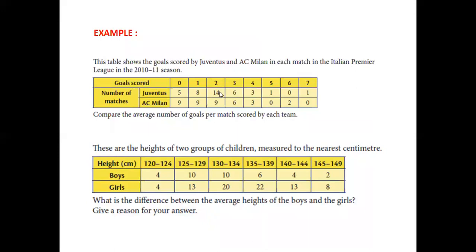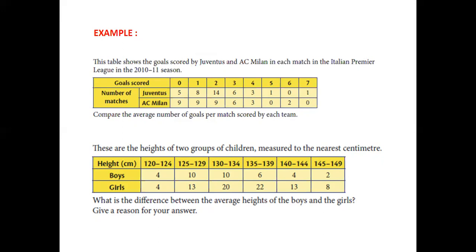So we have two separate data sets, the names of the teams here, Juventus and AC Milan. The number of matches, how many matches they played, for example 5 plus 8 plus 14 plus 6 plus 3 plus and so on plus 1.